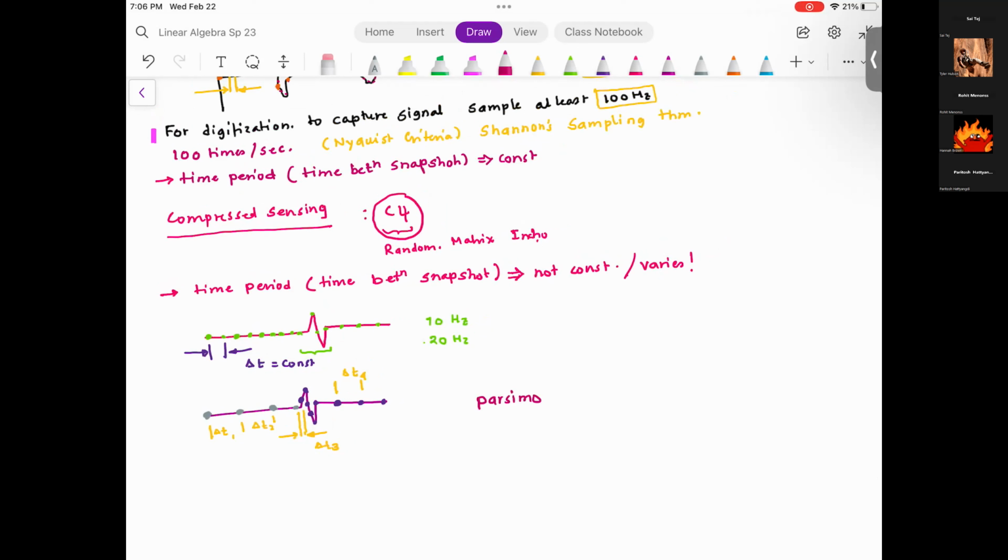Parsimonious statistical models. So parsimonious means frugal, which means do not use overly complicated models for statistical analysis.